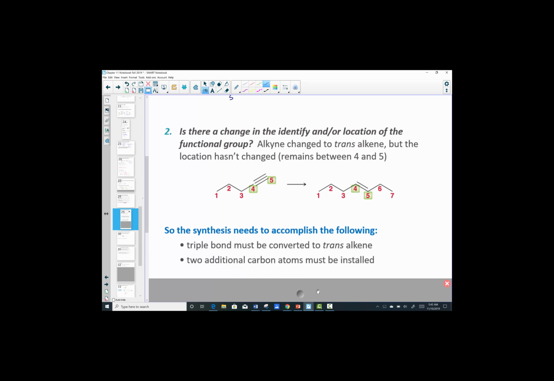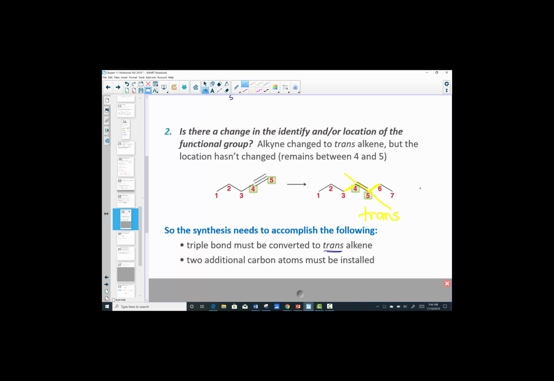Now we have the idea that we need to accomplish the following items. The triple bond must be converted to a trans alkene. That's something we didn't stress a moment ago, but notice that the trans position means, if I draw a line through this pi bond and the substituents are coming out, one on the top of the plane and one below the plane, that indeed is a trans configuration.